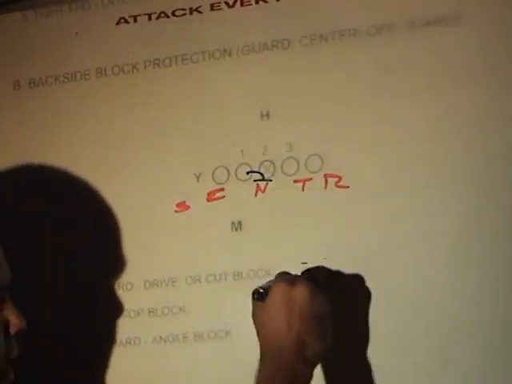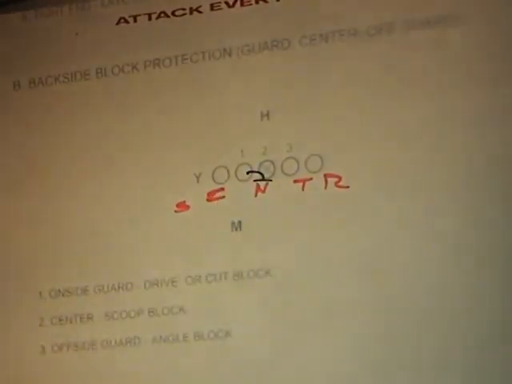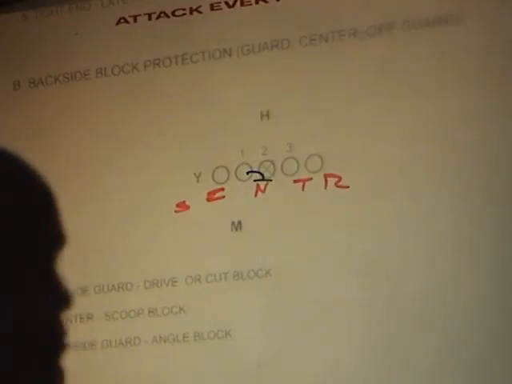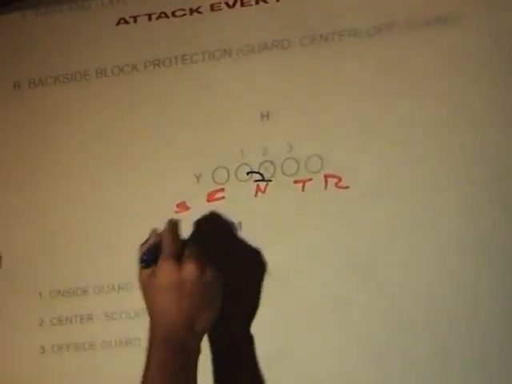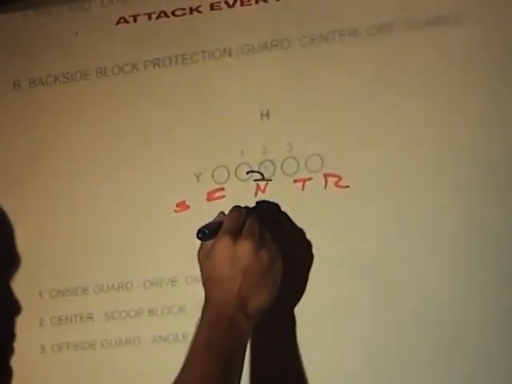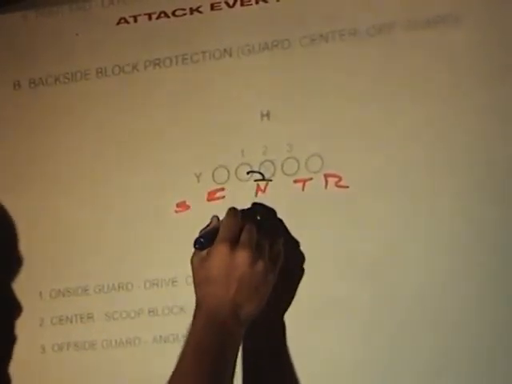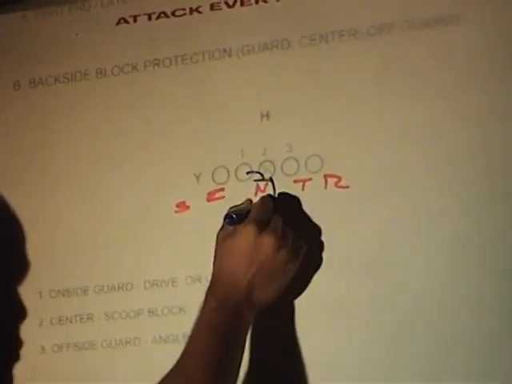If I get a scoop from that offensive guard, meaning that I can see his face mask, that his shoulders are square and he's trying to leverage the nose from the inside out, if I get something like that, then I know my potential blocker now is the center working up for me.